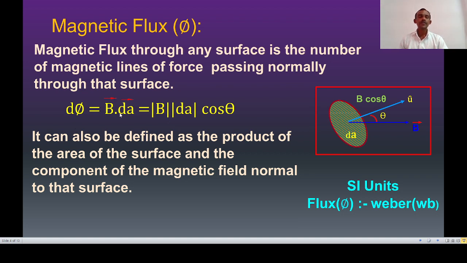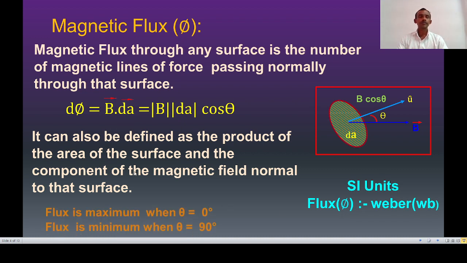Here B bar is a vector quantity, dA bar is a vector quantity, but this is a dot product, and a dot product gives a scalar. Magnetic flux is a scalar quantity, and the SI unit of magnetic flux is the Weber or Tesla meter square.